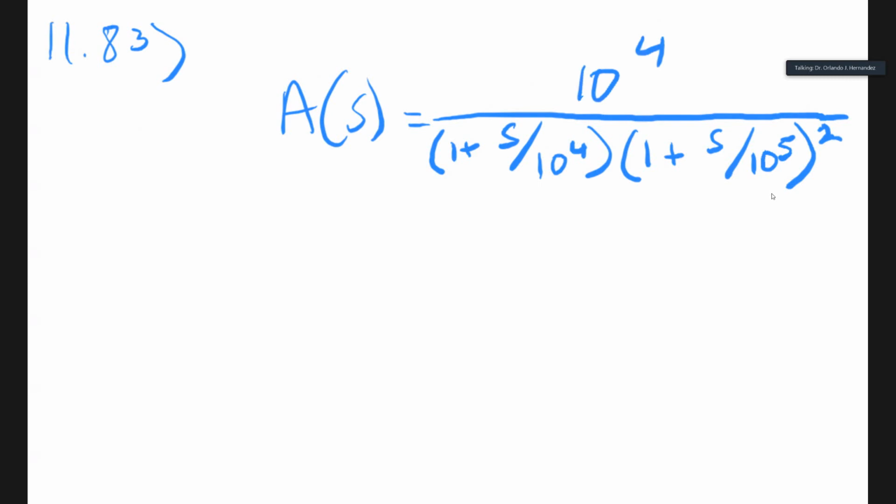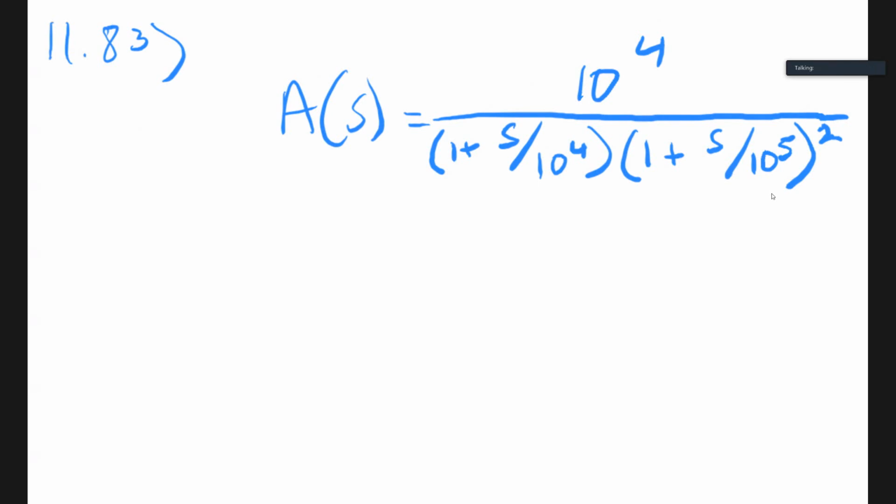So it says consider a feedback amplifier for which the open loop gain A of S is given by that expression. And then it says if the feedback factor beta is independent of frequency, find the frequency at which the phase shift is 180 degrees, and find the critical value of beta at which oscillation will commence. Okay?